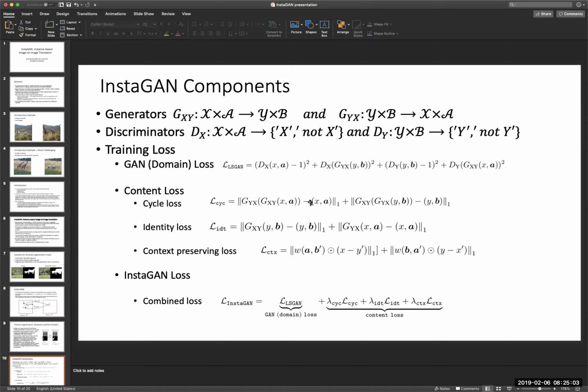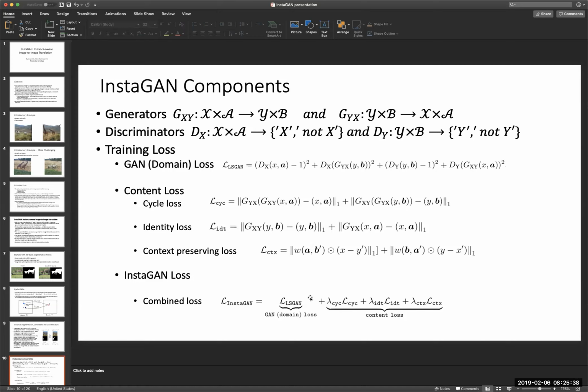You can think of these as perhaps matrices that you're subtracting element by element, and then the L1 norm of that matrix difference, basically the absolute value of those differences. And then the second term is for the opposite direction transform.